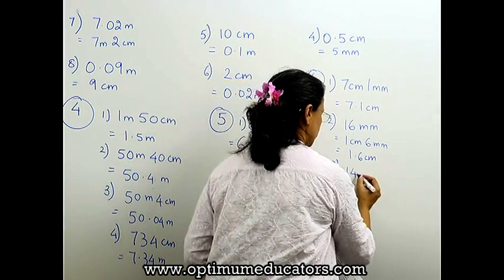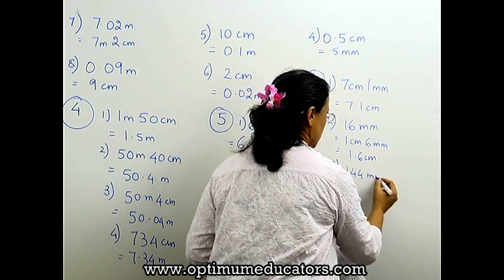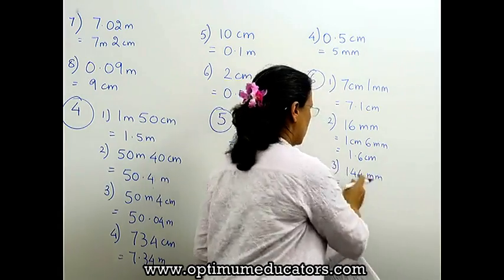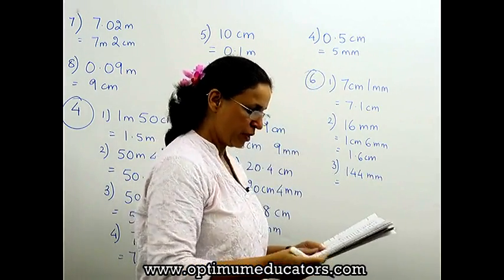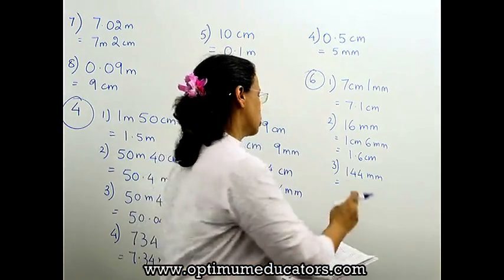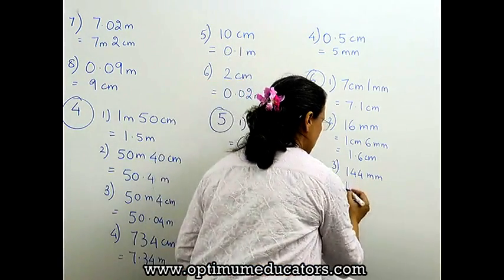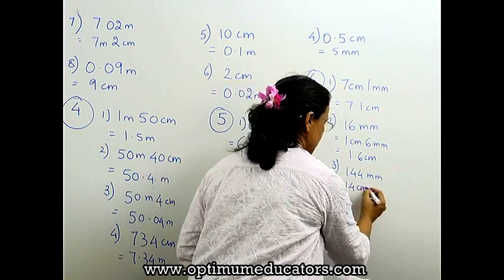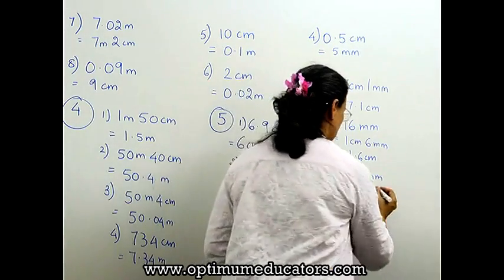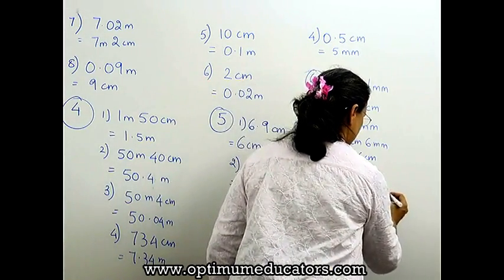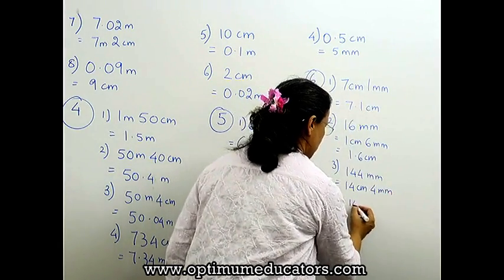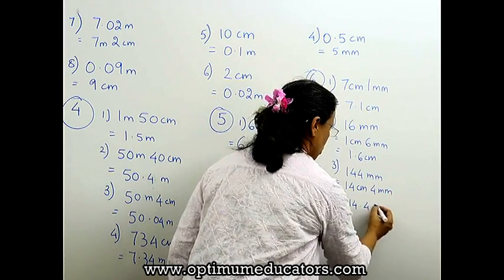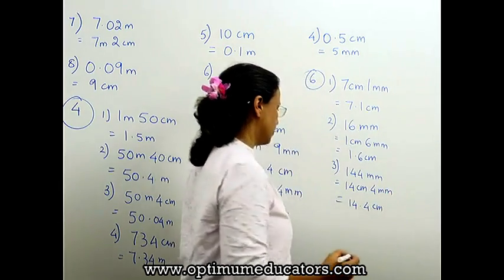144 millimeter. Now, 100 millimeter from this itself will give us 10 centimeters. So, 140 will give us 14 centimeters and 4 millimeters. So, how will we write it? We will write it as 14.4 centimeters.